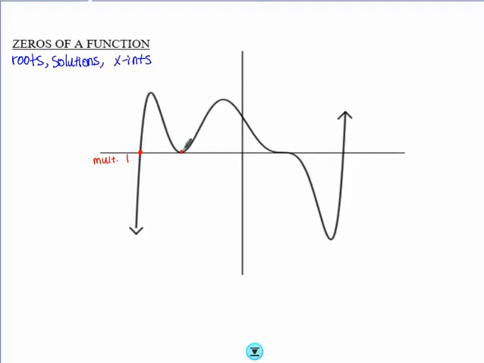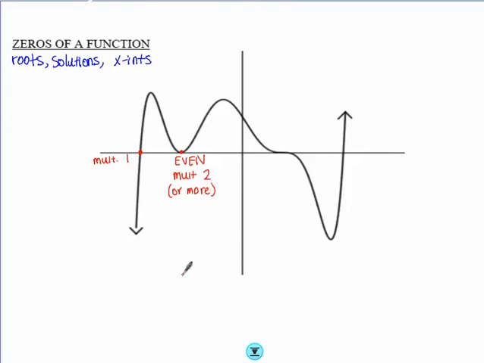This zero here, since it touches the x-axis but does not cross it, we know has an even multiplicity. And its multiplicity is probably 2. Perhaps it is an even number larger than that.